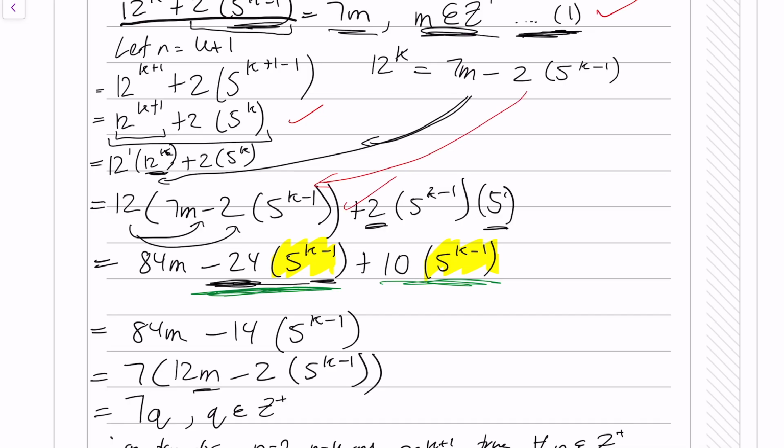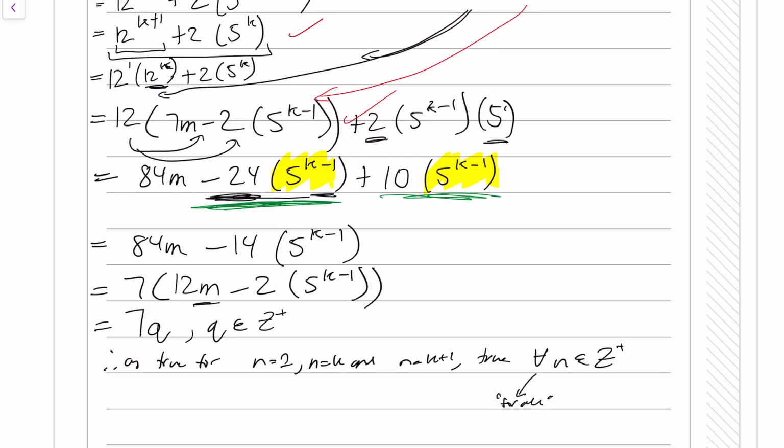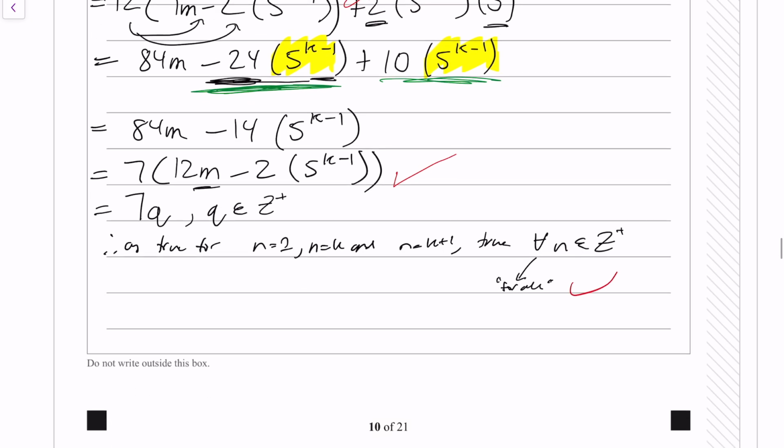The 5th mark is by completing my proof here by showing that it is indeed a multiple of 7. And then my 6th and final step is obviously showing logical organization, having attempted all steps of the proof, including a suitable conclusion. So you must always do a conclusion.